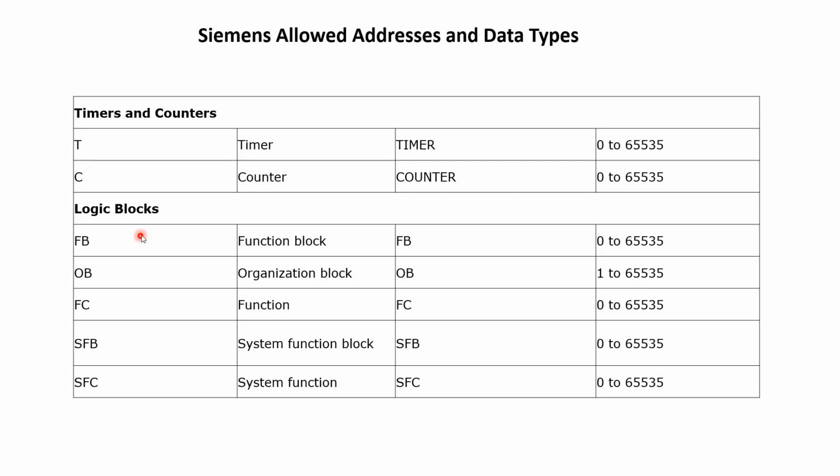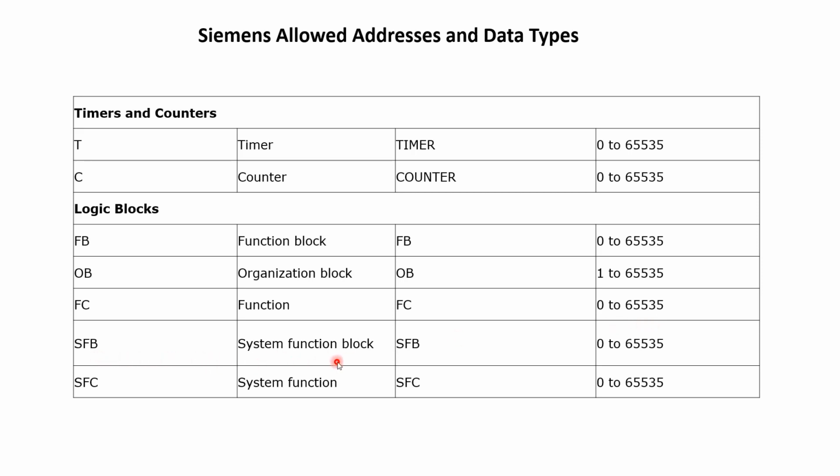Logic blocks, okay. Logic blocks for the S7 family. We've got FBs. FB for function block, data type is FB, this is the range. OB for organizational blocks, and then data type is OB. FC for functions, and the data type is FC, this is the range.